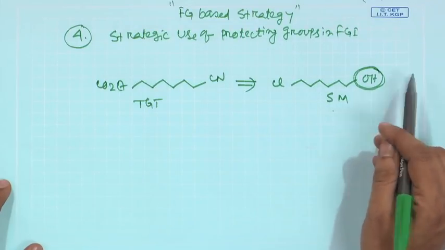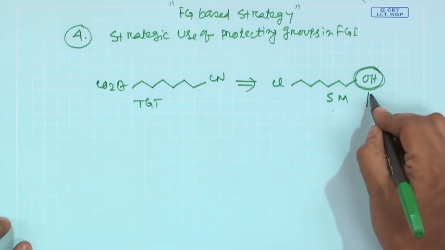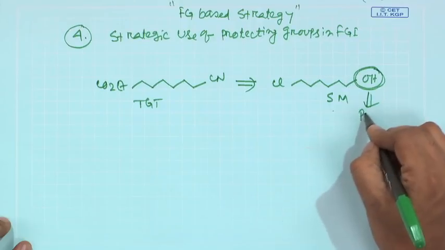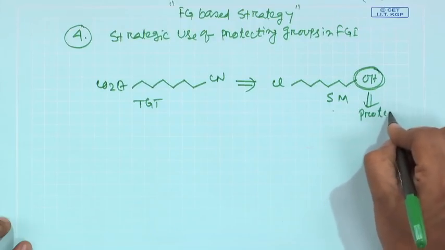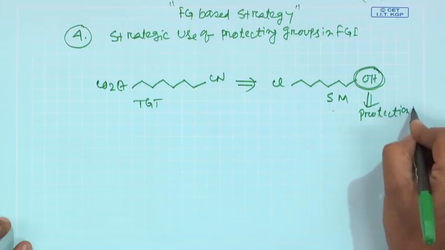So, whenever you have a labile functional group which can easily react under acidic, basic or other conditions, you need to make this functional group as inert as you can. Inert means that the functional group is active, so you need to put some protecting group here. That is why the need for a protecting group was felt.